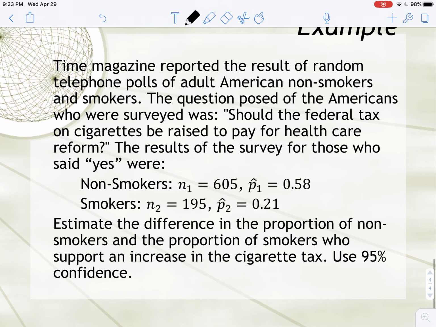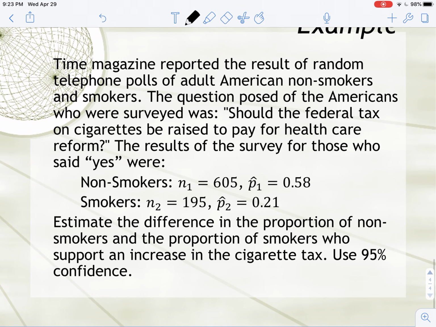So I'll read through it, and then we'll start working through the steps below it. So Time Magazine reported the result of random telephone polls of adult American non-smokers and smokers. The question posed of the Americans who were surveyed was, should the federal tax on cigarettes be raised to pay for healthcare reform? The results of the survey for those who said yes were non-smokers. So that sample was 605, so I'm going to call that N1.